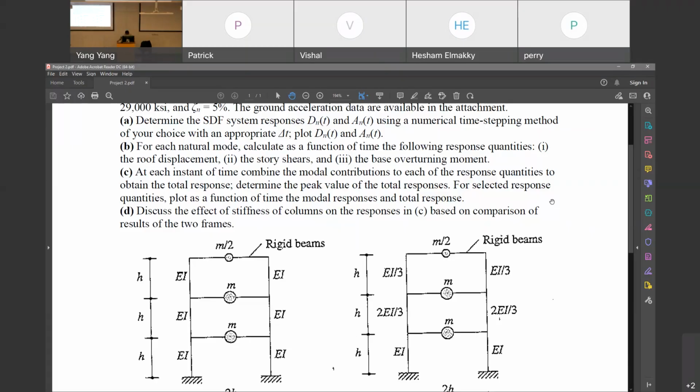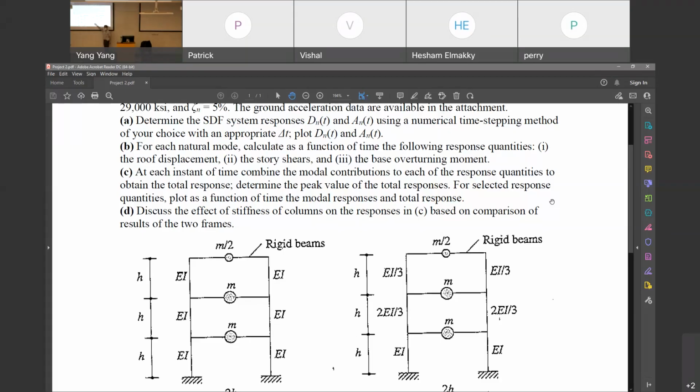Part C: at each instant of time, combine the modal contributions to each of the response quantities to obtain the total response. Determine the peak values of the total response for selected response quantities, and plot as a function of time the modal responses and the total response. For part C, you just need to combine them. For example, you have Y1, Y2, Y3.